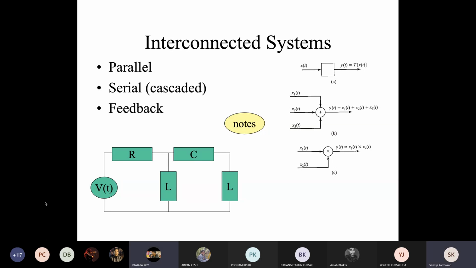No, L2(t) will depend on the capacitor, and L1(t) will depend on the resistor. The voltage across L1(t) is equal to V(t) minus IR. Yes, sir.